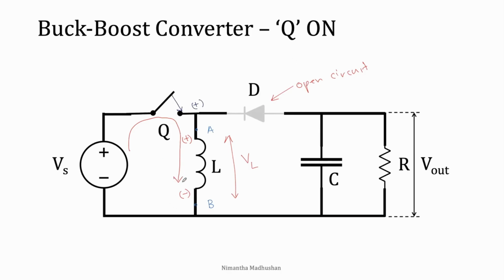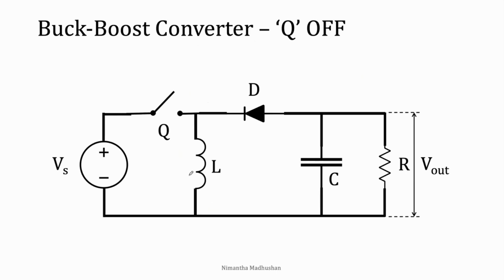Then we have to consider the Q is off. If Q is off, now we have stored energy in this inductor. Previously, this is the sign plus and minus. Now, inductor starts to release its stored energy.